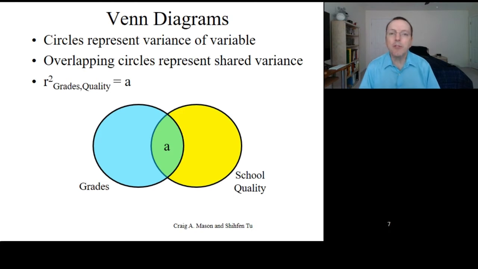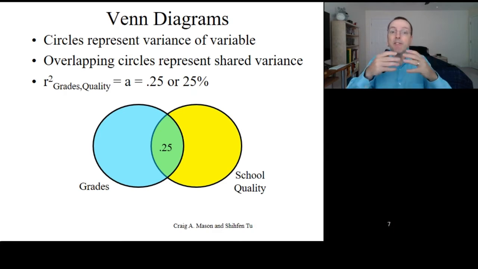As a result, if the correlation between school quality and grades is 0.5, the R squared would be 0.25, and the overlapping area in the Venn diagram would be equal to 0.25, reflecting 25% of the variance in each variable that's shared with the other.